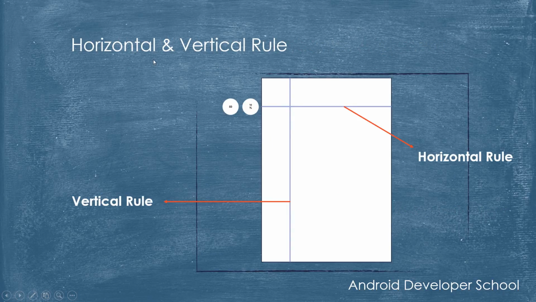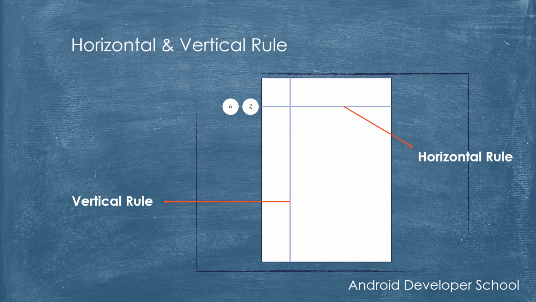So whenever you want to divide some kind of view on a percentage basis, and you want to achieve this: if you hard code your view to some 120 dp, for the Nexus 5 it will look okay, for the Nexus 6P also it will look okay. But if the user is on the Nexus 7, like the LDPI screen, more than half of the screen will be covered by the 120 dp.